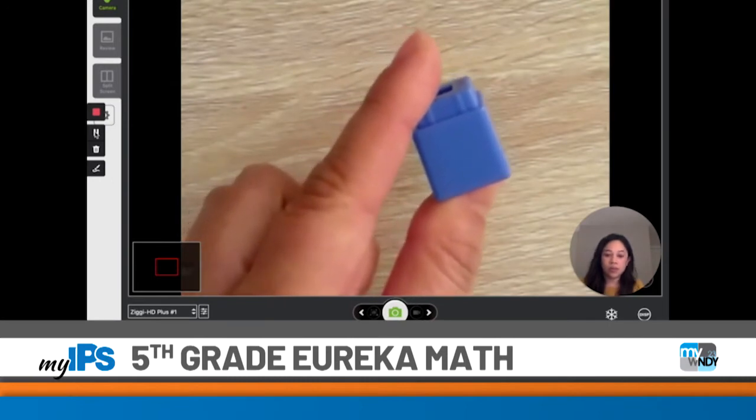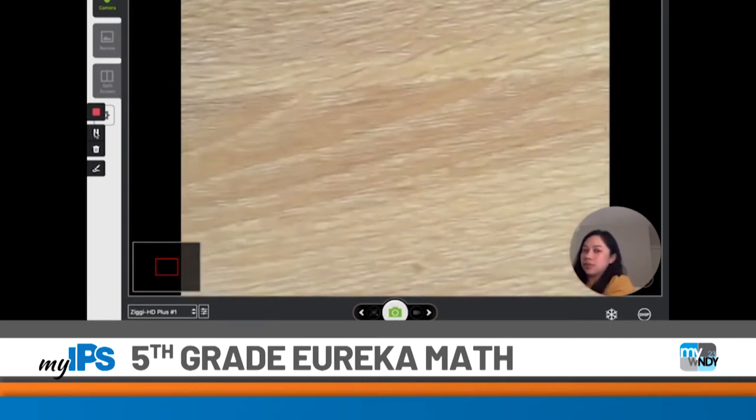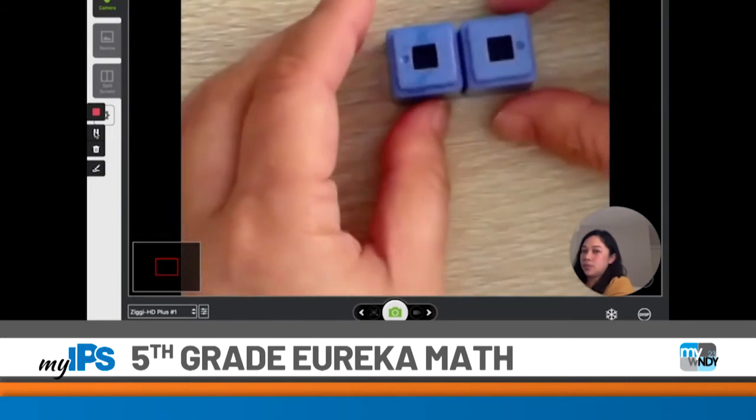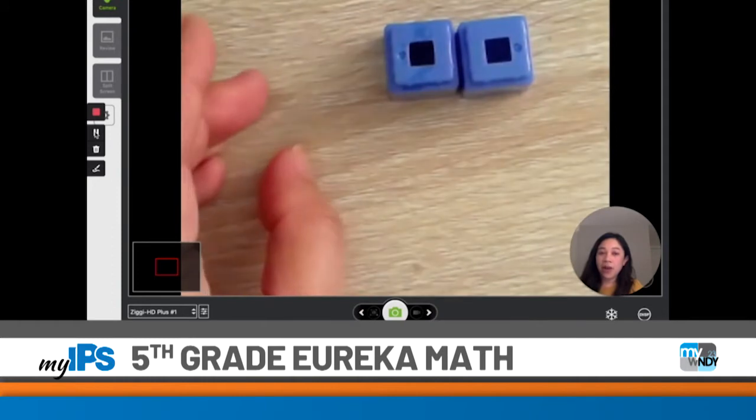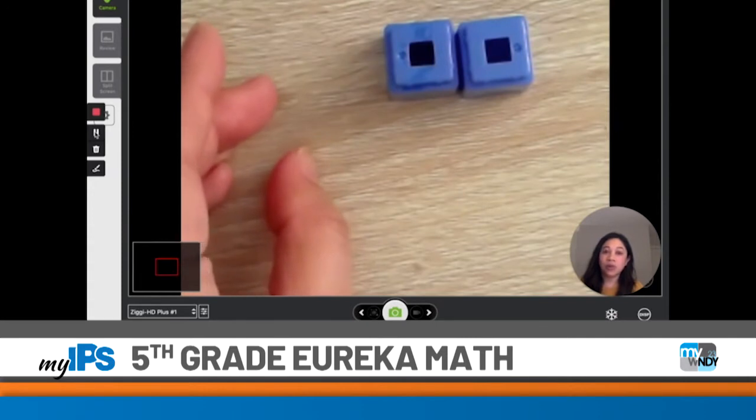And in something like this, we see that it's made up of 2 cubes, and it also has a volume of 2 cubic units, or 2 units cubed.